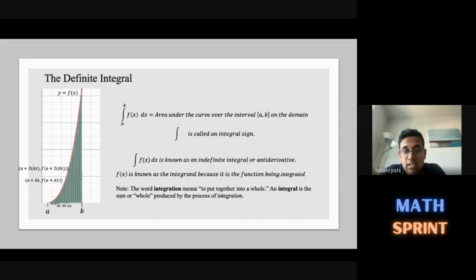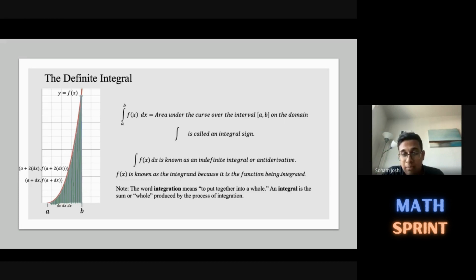This integral is equivalent to the area under the curve over the interval a, b on the domain. Now look at the diagram on the left. Imagine that we are just adding up small pieces of negligible width dx together to get the area of the region. The area of each rectangular strip is width dx multiplied by the height f of x.